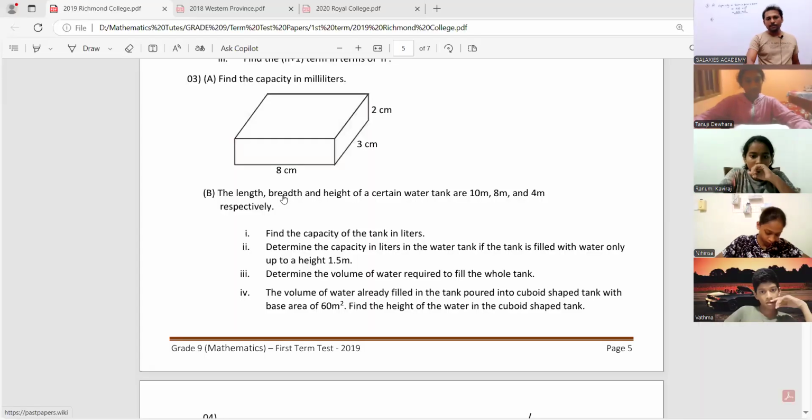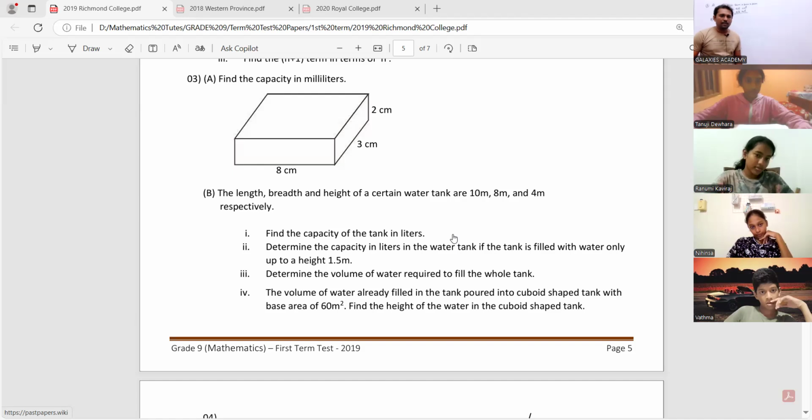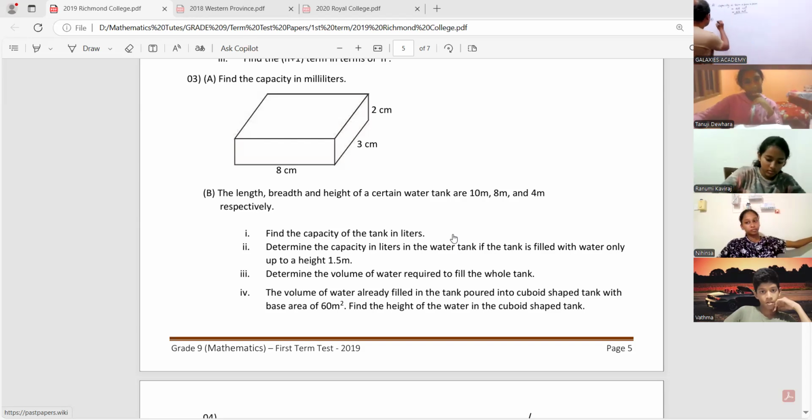The length, breadth and height of a certain water tank are 10 meters, 8 meters and 4 meters respectively. The first part: find the capacity of the tank in liters. Right? For the first part, to find the capacity, you have to find length into breadth into height.